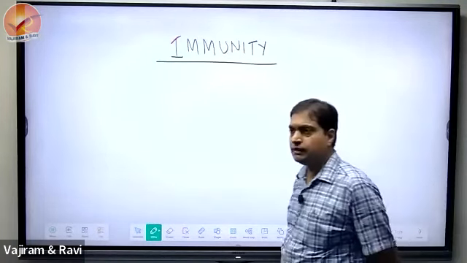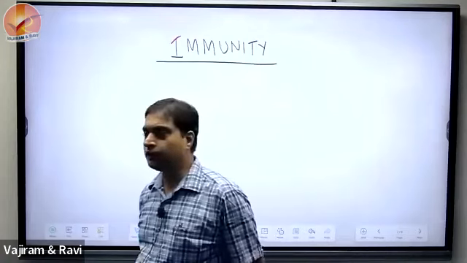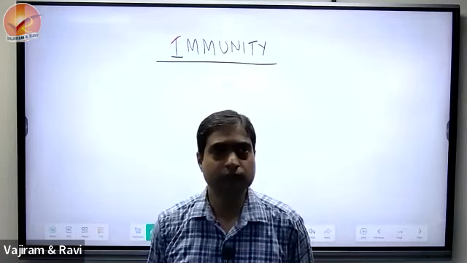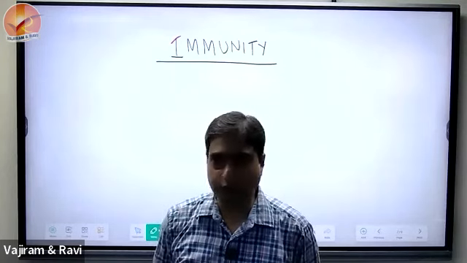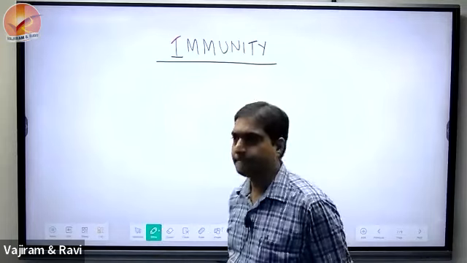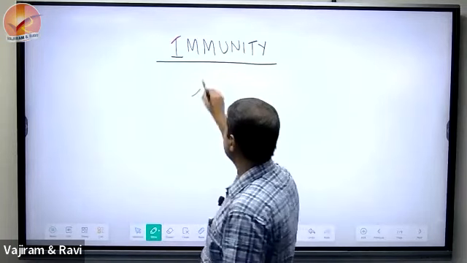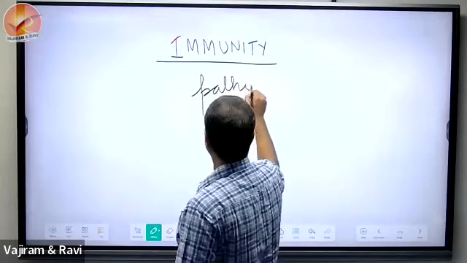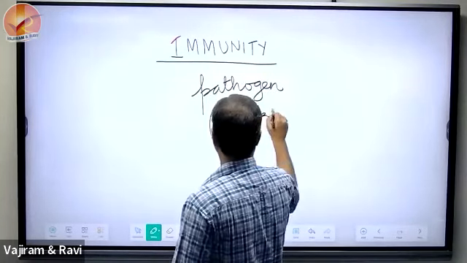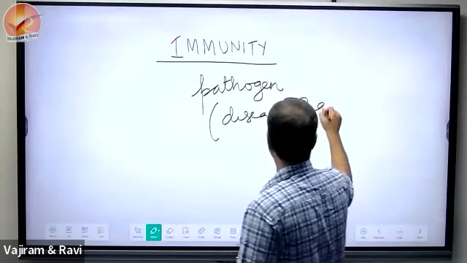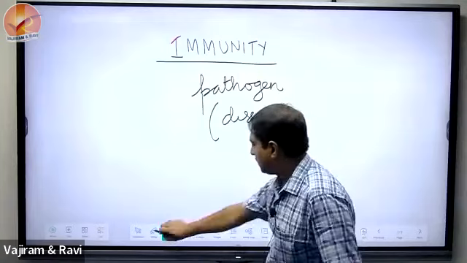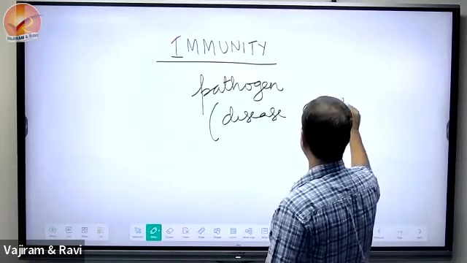Now, immunity means ability of the body. Write down ability of the body. Immunity is the ability of the body to fight against the pathogen, under bracket write disease causing organism.